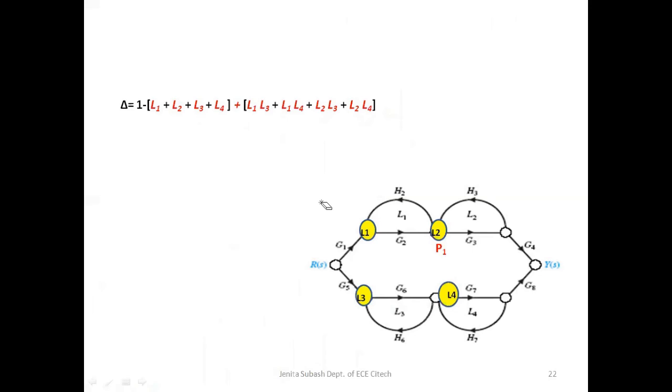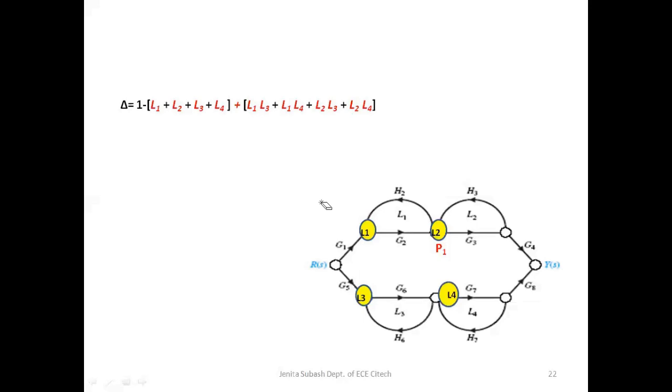Delta is given by 1 minus the sum of all individual loop gains L1 plus L2 plus L3 plus L4, plus the sum of the products of all possibilities of two non-touching loops. We have four possibilities of two non-touching loops here: L1 L3 plus L1 L4 plus L2 L3 plus L2 L4. So we have written the value of delta. We have to substitute all the loop gains and find the value of delta.